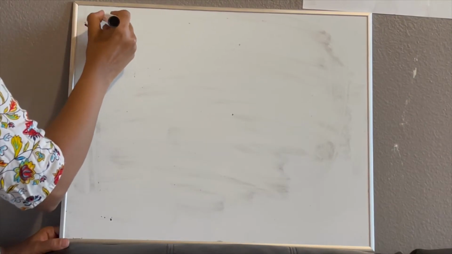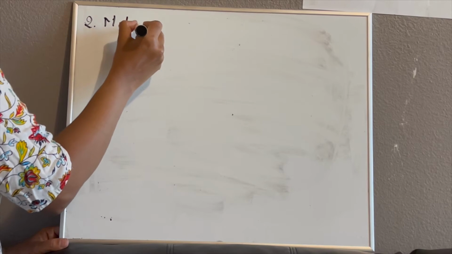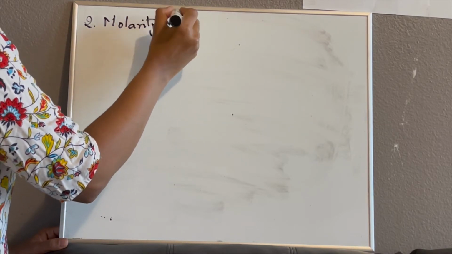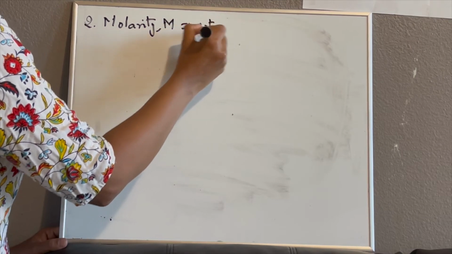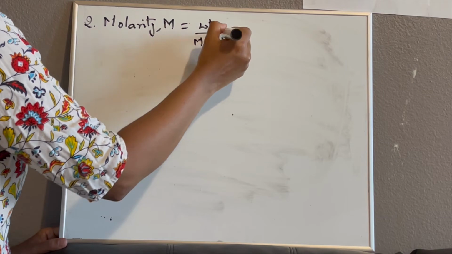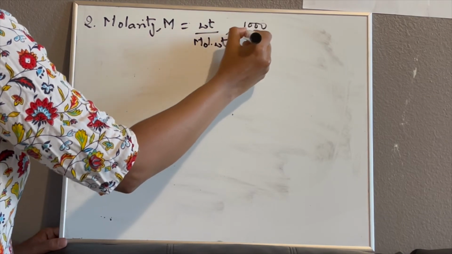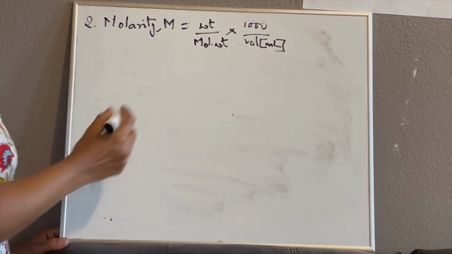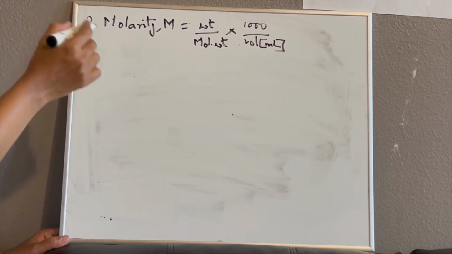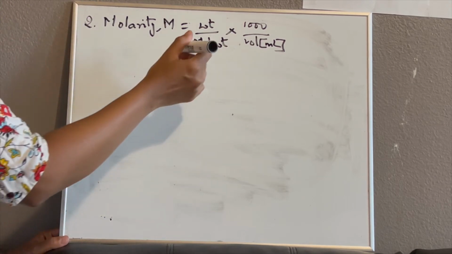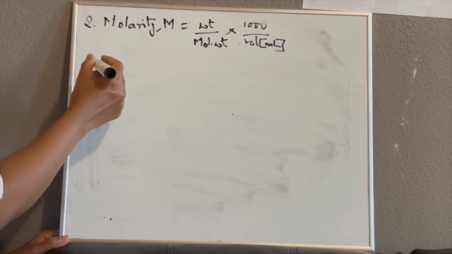The next one is molarity. The formula for molarity is weight in grams by molecular weight of the solute or the compound, into 1000 by volume in ml. You can get the molecular weight value on the bottle of the compound itself.